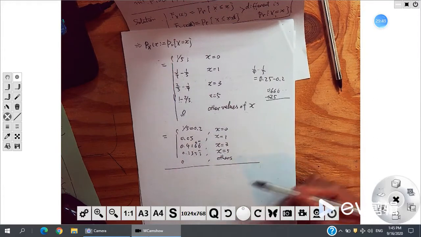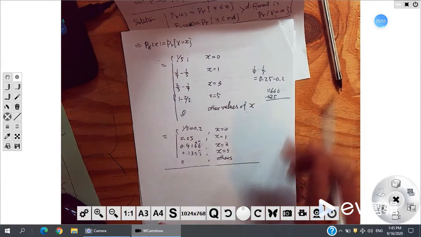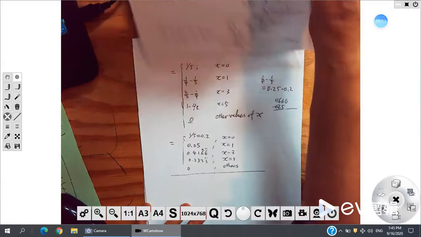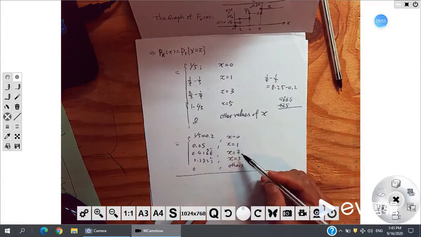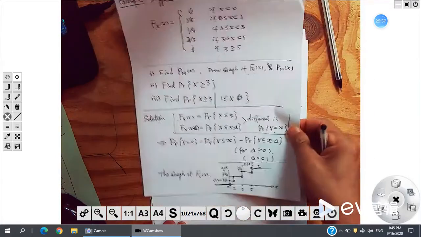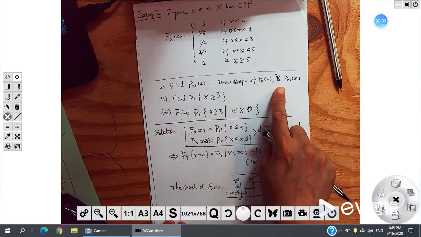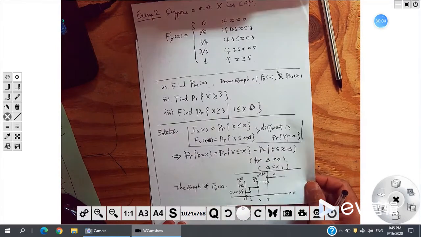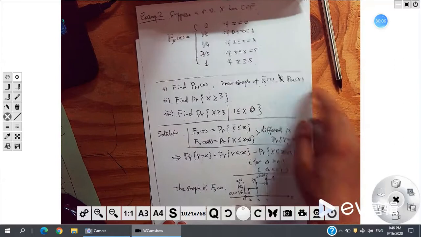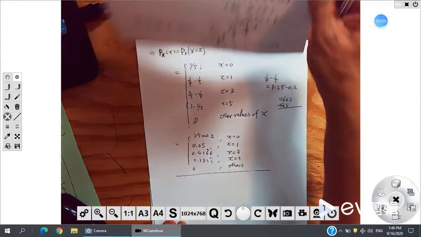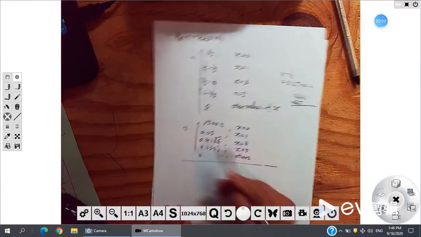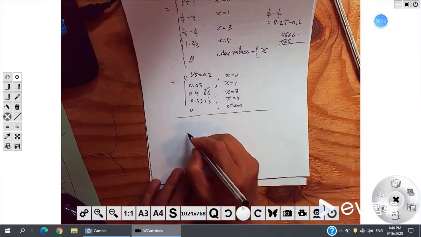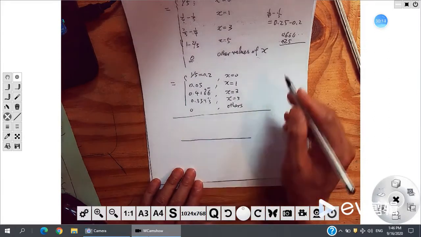I'm just checking. This is a mass function, and I also need the graph, as the problem asks for one. I already have the CDF's graph. Now I want the graph of the mass function. You put the value x.